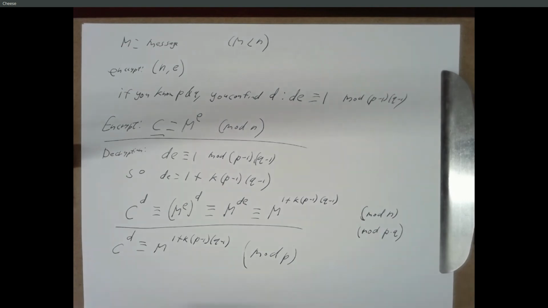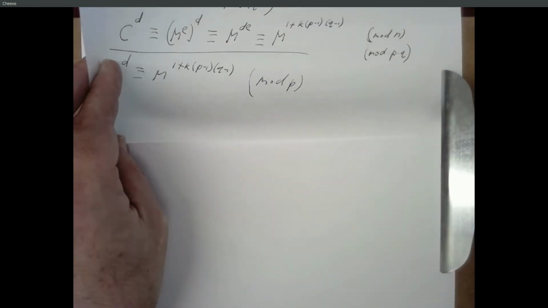Now, as long as M is not a multiple of p, and it's very unlikely, since p is this big prime and M is a coded message, it's very unlikely M will be a multiple of p. And if it is, we can just add an extra space at the end or some extra character to make sure it's not. So we can assume M is not a multiple of p. We can use Fermat's little theorem. So what does Fermat's little theorem let us do?